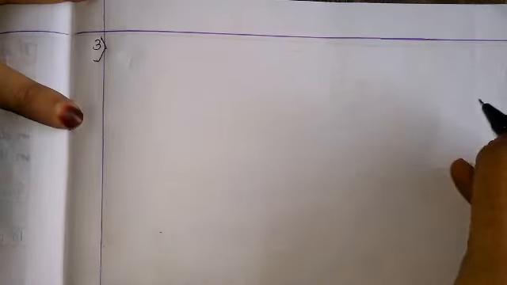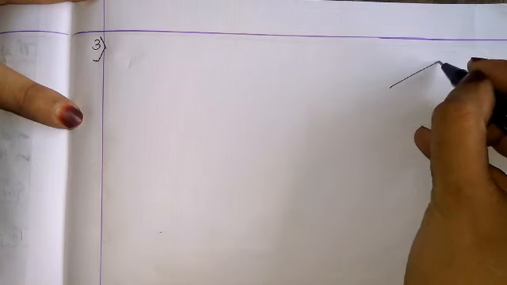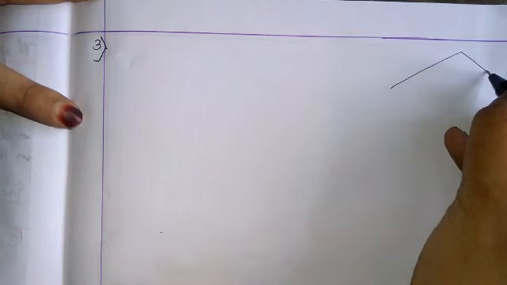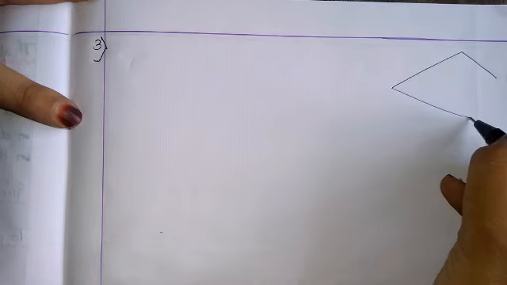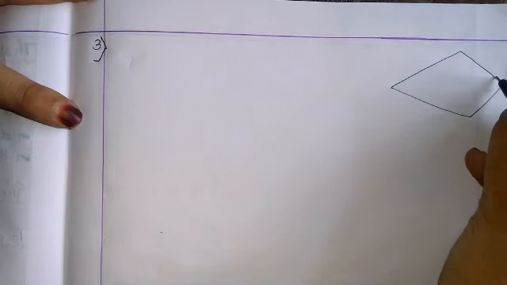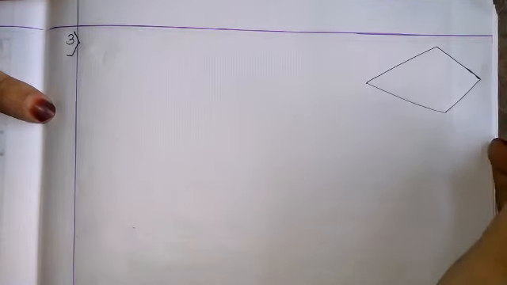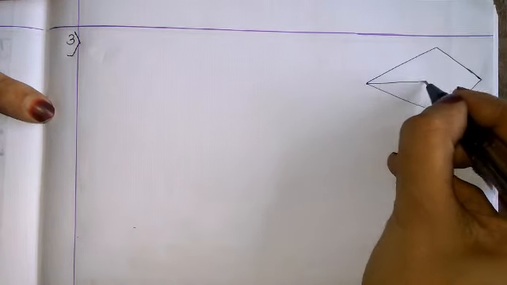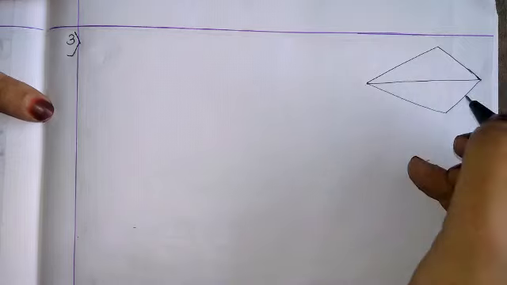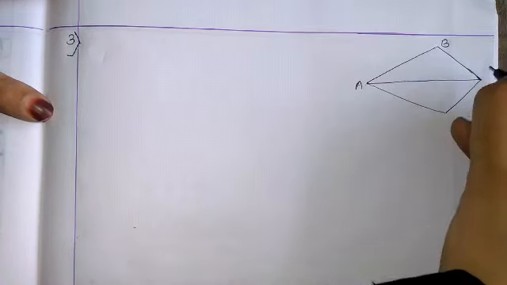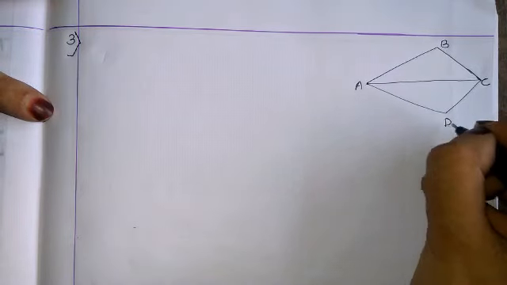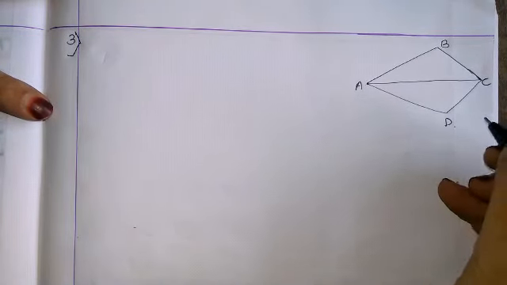So our focus should be on what to prove. Okay, I'll write now. First I'll draw the rough figure. Let me try. But you people see in the textbook and draw in your notes. So this is the rough figure I have drawn. A, B, C, D. And what they have given?